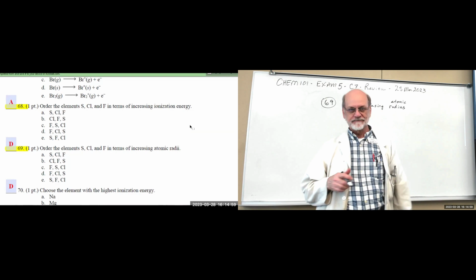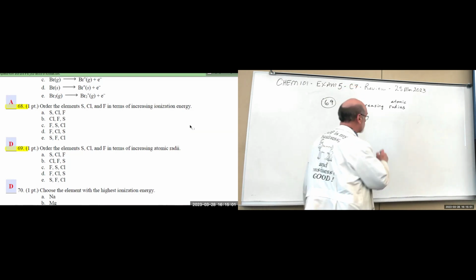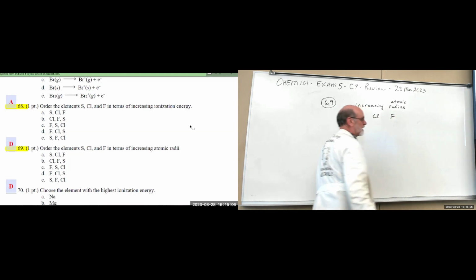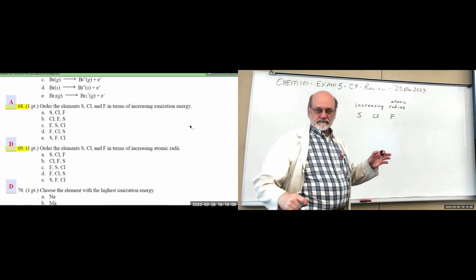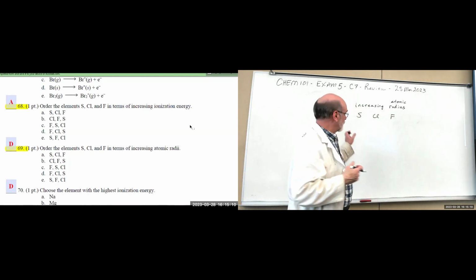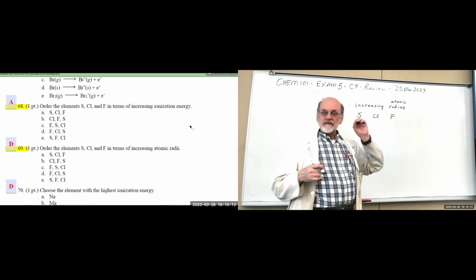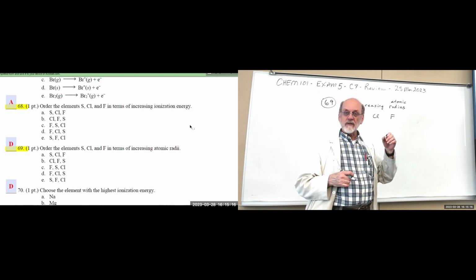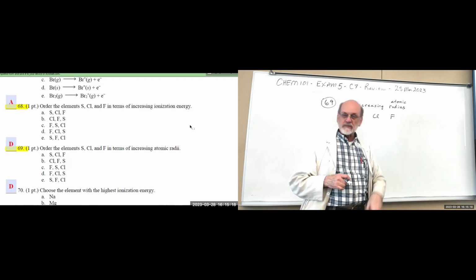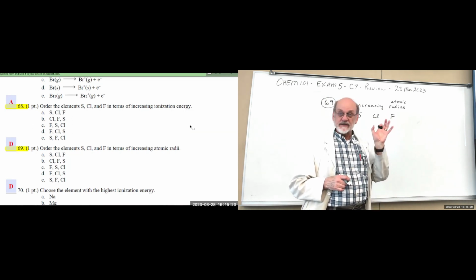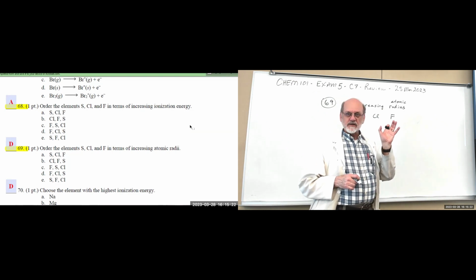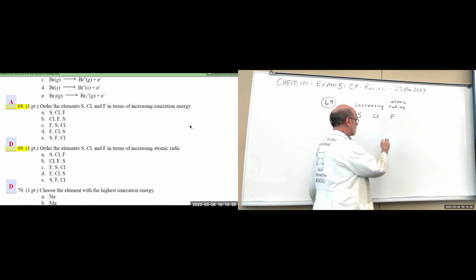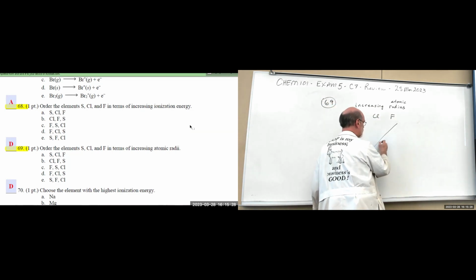How big are they? Right. So for the same sulfur, chlorine, fluorine. All right, what's the trend? As we go from left to right, the radius decreases. And as we go from bottom to top, the radius decreases. So the trend is increasing is upper right to lower left. Right? This is increasing.